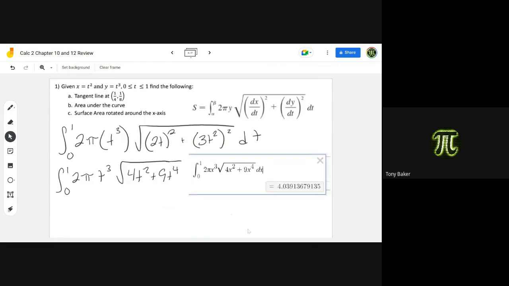So we get, so the surface area when it's rotated around it is 4.04.